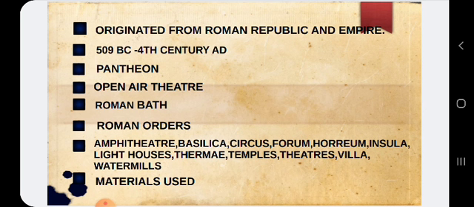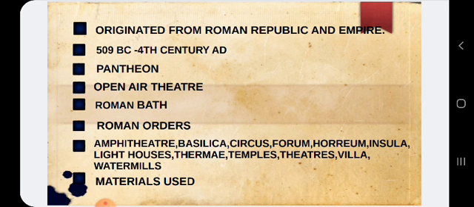And yes, we also have a beautiful structure known as the Roman bath, and we have Roman orders like Greek orders. We basically have 5 orders in classical architecture, out of which 3 are of Greek origin and 2 are of Roman origin.